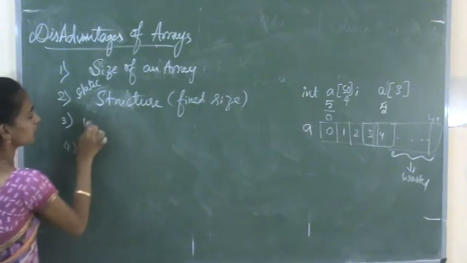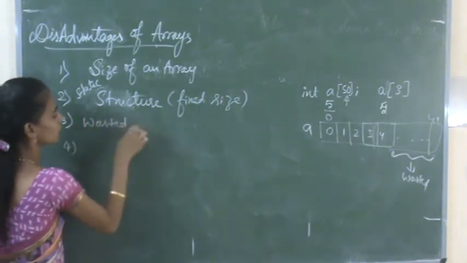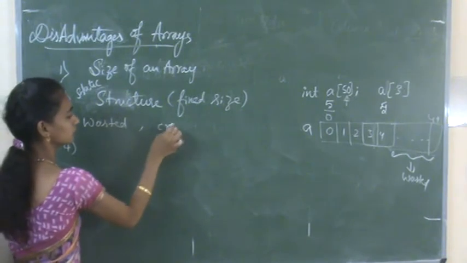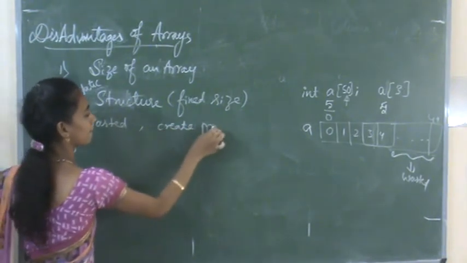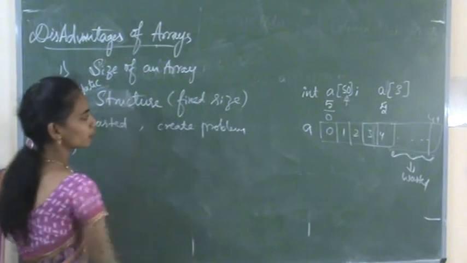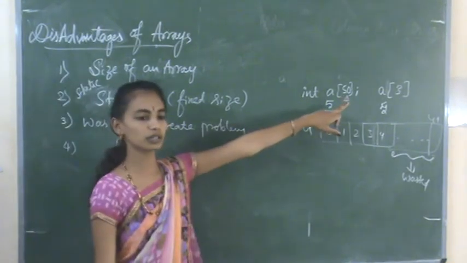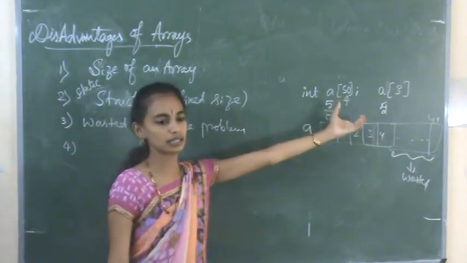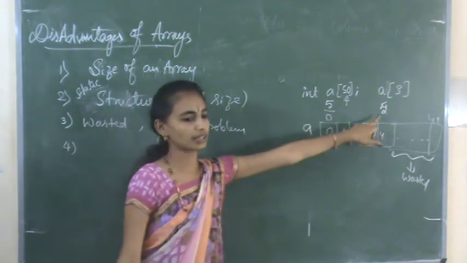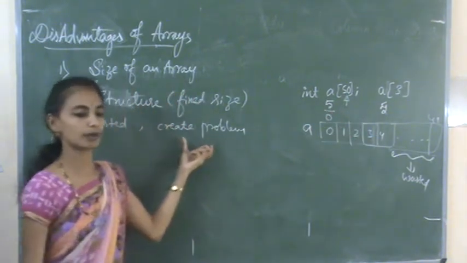Next, the fourth disadvantage is: if we allocate less memory space compared to the required memory space, it leads to some problem.